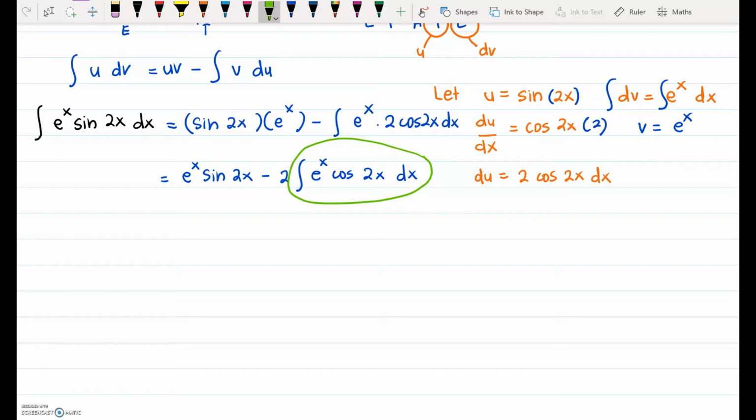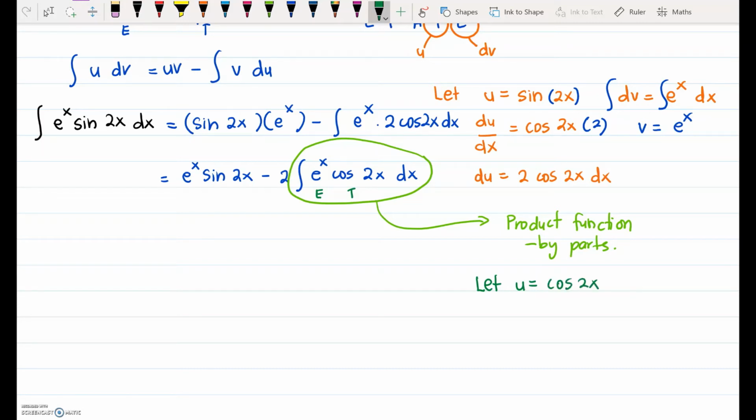Since it is a product function, we need to use another integration by parts. Now we have to write what is your u. We have exponent and trigonometric function, so your u will be the trigonometric function, cos 2x, and your dv will be e^x dx.